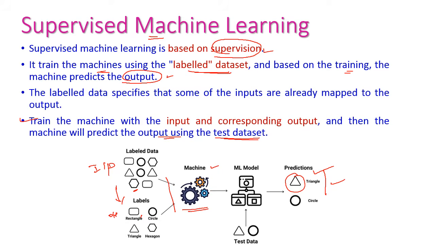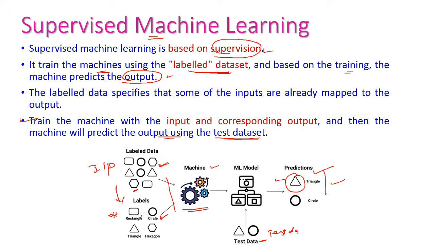So this is test data. Suppose after learning all those things, as per the example here, different types of symbols are there and the corresponding labels are also given to the machine. Once the machine has learned all those things, it can easily identify all the shapes.